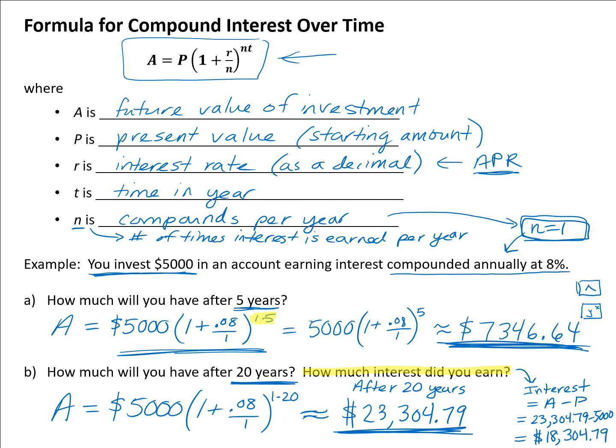So the interest that we earn from this account is going to be equal to $18,304.79 after 20 years. So there is a difference between how much we have left in the account after 20 years, which includes what we started with, and the interest that we've earned.